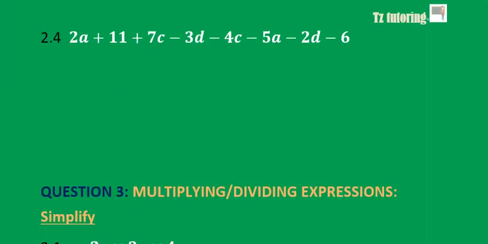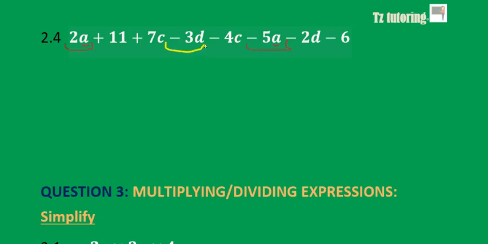All right, then we move on to 2.4. Again, there's addition and subtraction here. So we need to look for like terms. All right, terms with the same letter or variable. These two terms are like terms because they both have a. All right, what else? Which other terms are common?